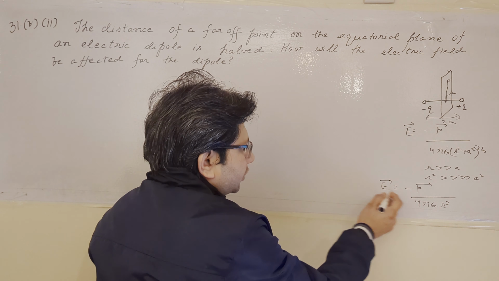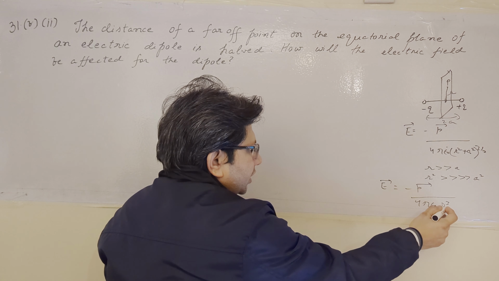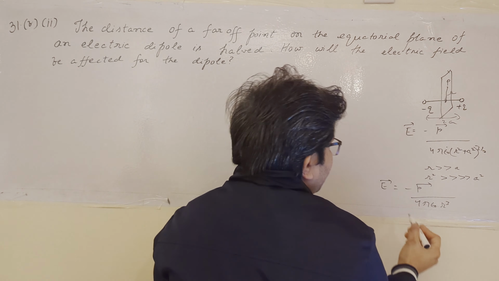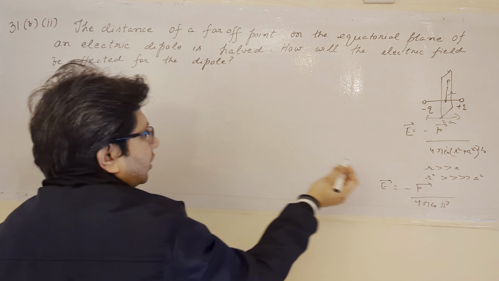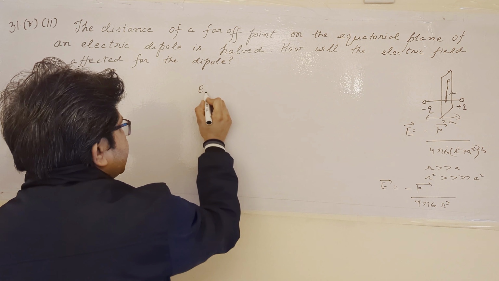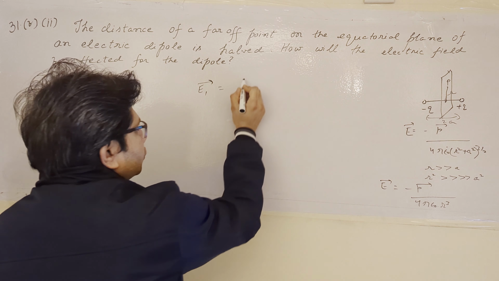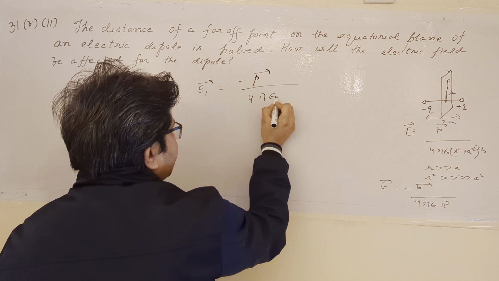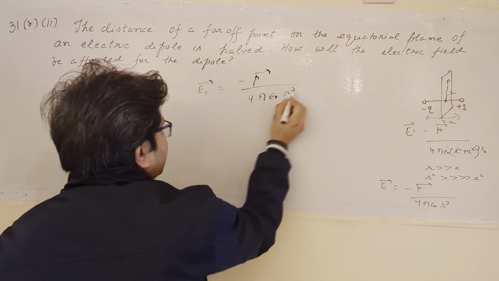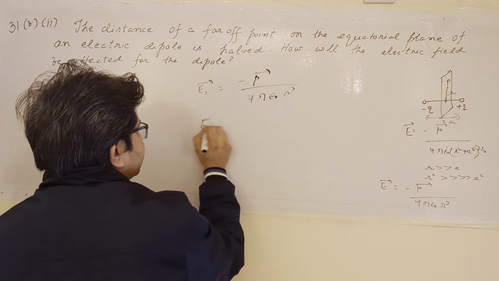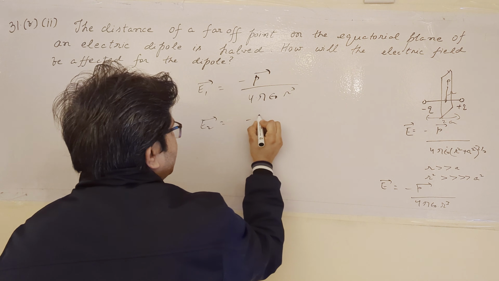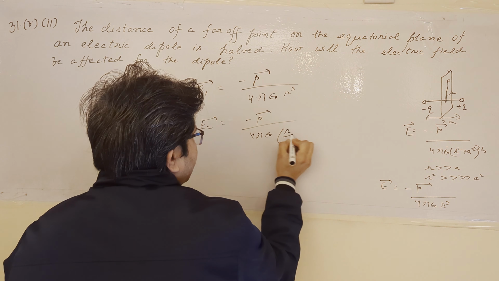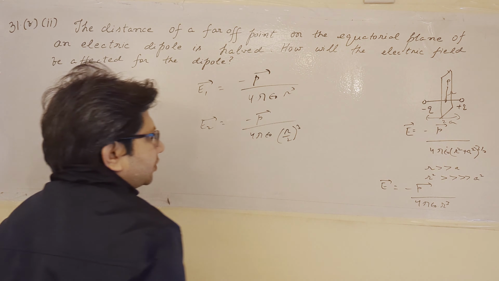So we can say that the electric field is inversely related to the cube of the distance from the midpoint. If the distance is halved, for example, in the first case the electric field is E1, which is minus p upon 4 pi epsilon naught r cube, and for the second case, E2 is equal to minus p upon 4 pi epsilon naught (r upon 2) to the power 3.